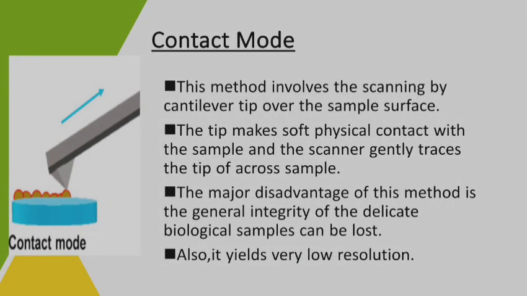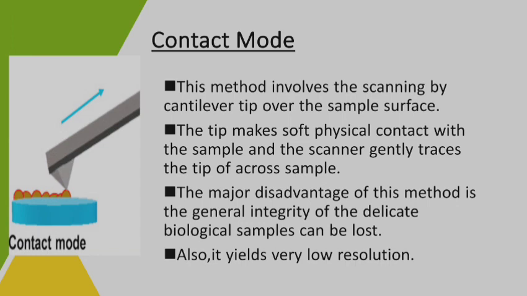So the first one is contact mode. Contact mode means the cantilever tip is scanning over the surface of the sample by contact. That is, the cantilever tip is touching the surface of the sample and it is moving, so that the laser falls on the cantilever tip and the reflected beams will give us the surface topography. The tip makes a soft physical contact with the sample and the scanner gently traces the tip across the sample.